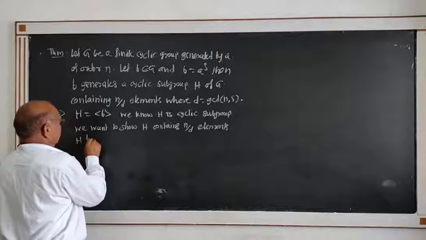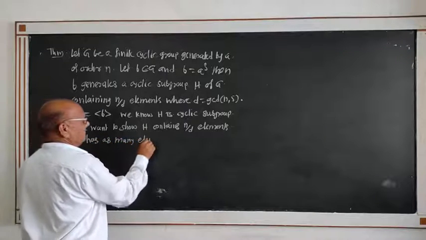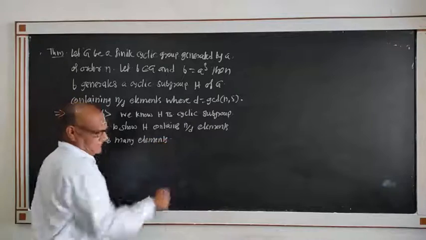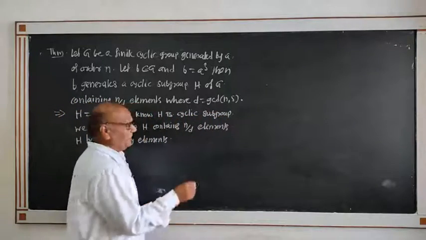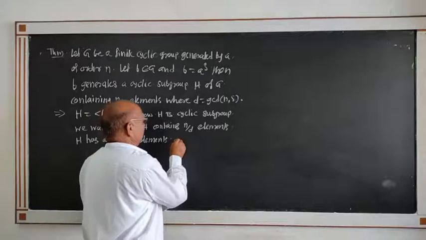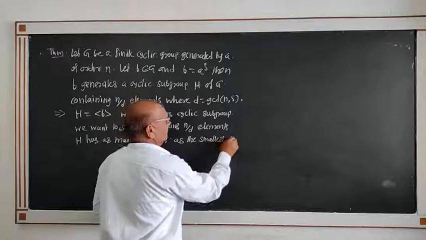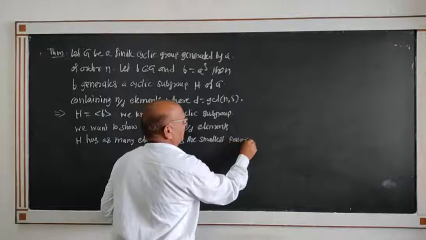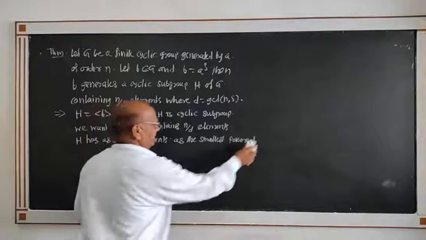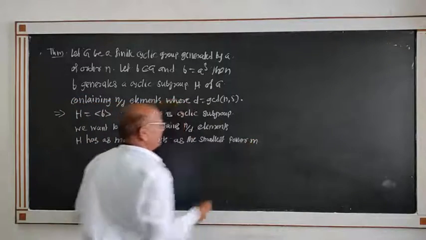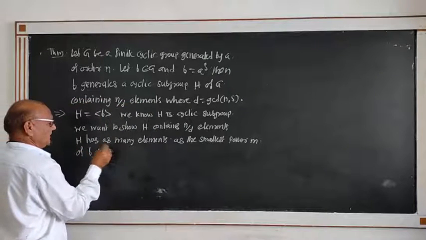It has as many elements as the smallest power m of B that is equal to identity.